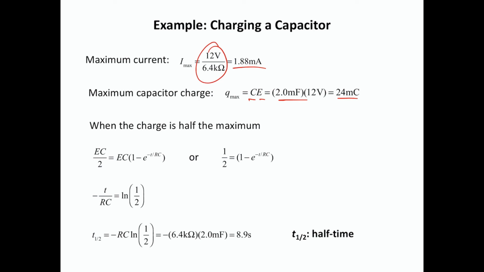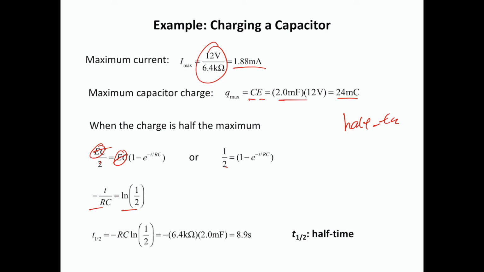It's important because it's simple. It's the so-called half-time concept, the same as in radioactive decay. The charge is VC times 1 minus e to the minus t over RC. You've got half, so you cancel VC and get half equals 1 minus e to the minus t over RC. We arrange this one.